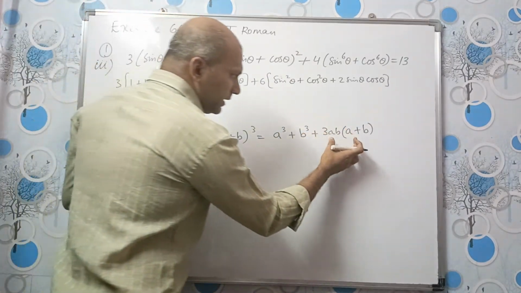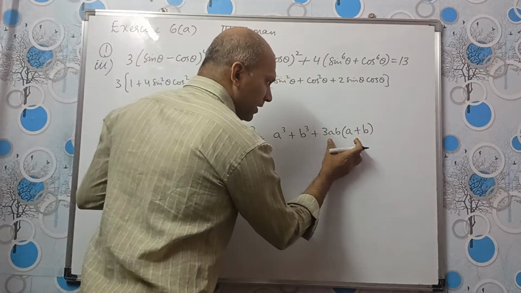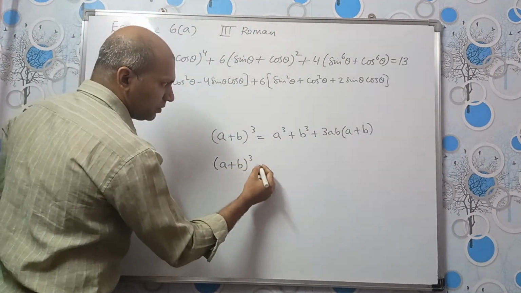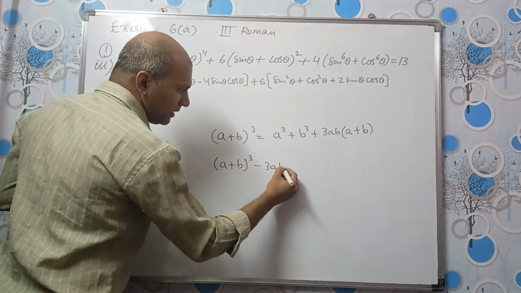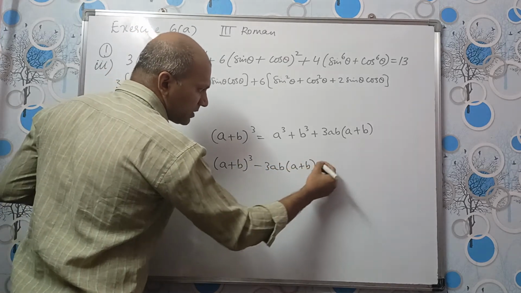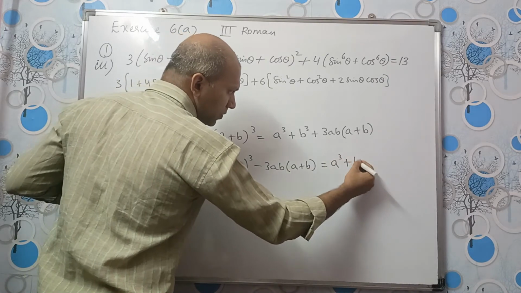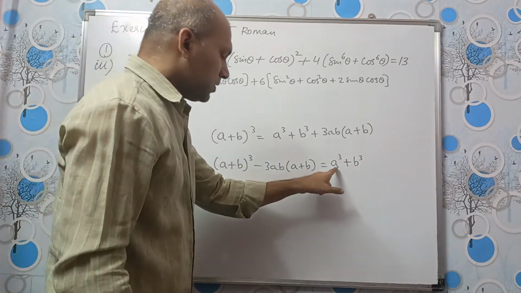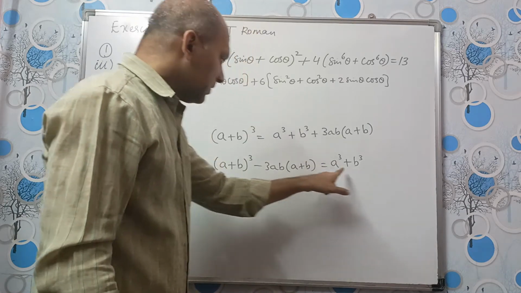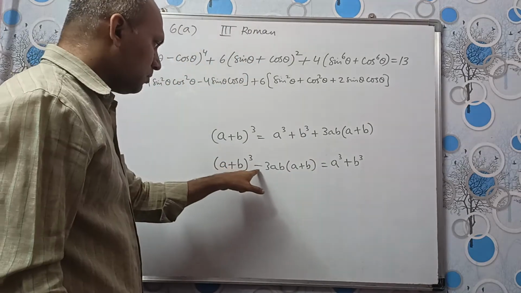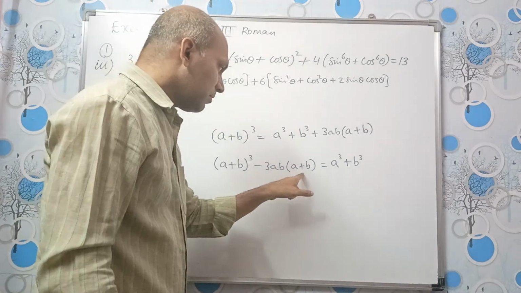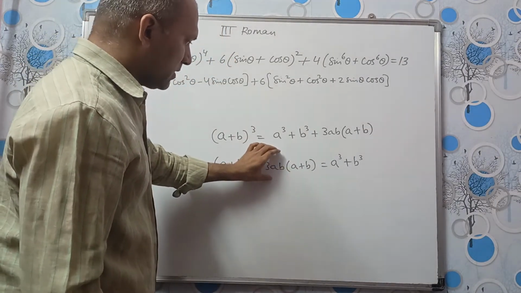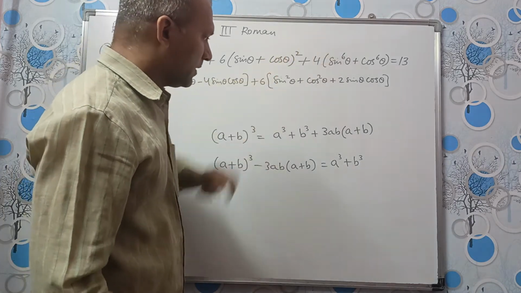Now, if we send this 3ab multiplied by (a + b) to this side, it will become (a + b) whole cube minus 3ab(a + b) equal to a cube plus b cube, right? So a cube plus b cube, we can write as (a + b) whole cube minus 3ab multiplied by (a + b). So how should we use this here?